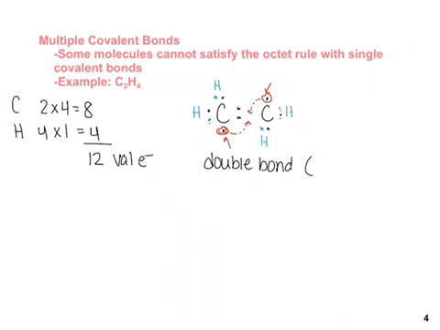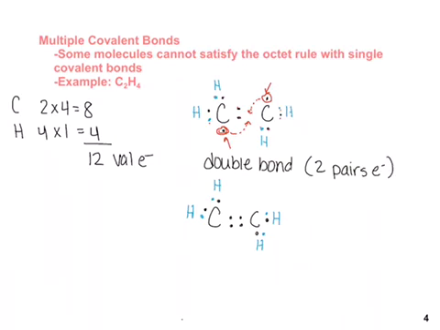And it's a double bond because there are 2 pairs of electrons involved in that bond. So when we do that, we have 1, 2, 3, 4, 5, 6, 7, 8, and then the hydrogen comes in with 9, 10, 11, 12.